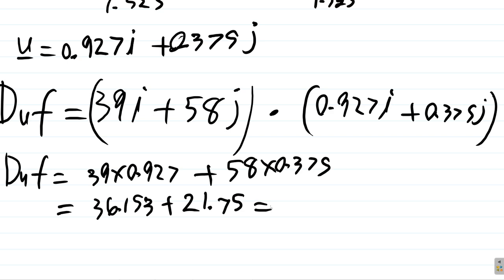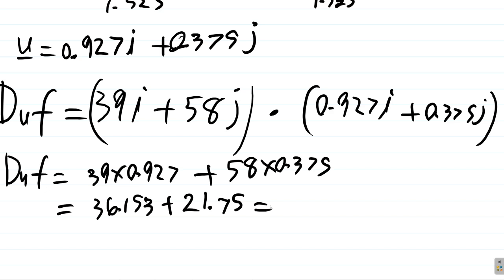And what will all that amount to? When you add 36.153 plus 21.75, you have 57.9.